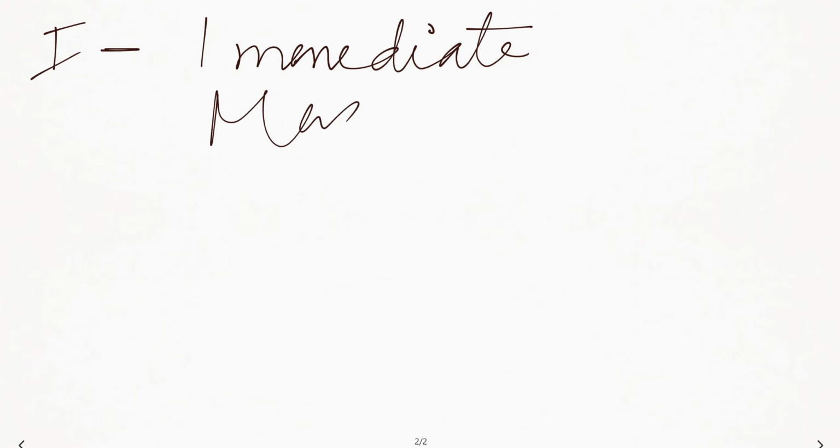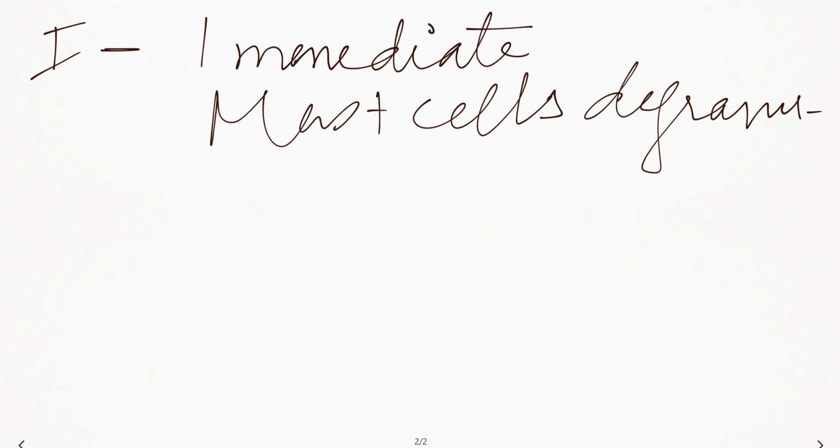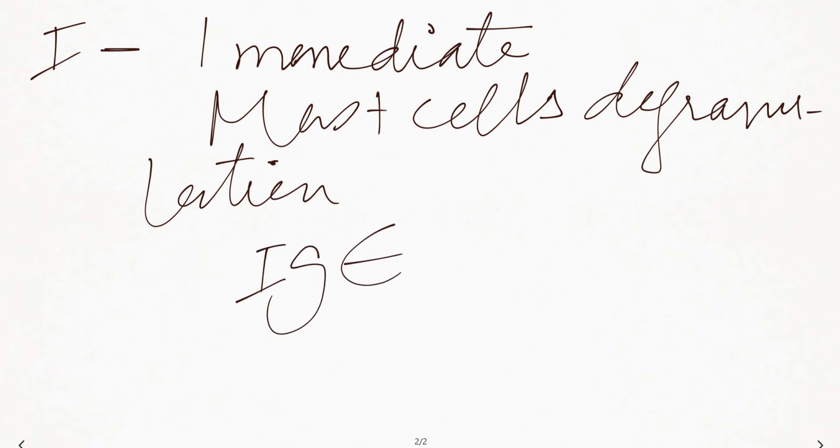Type 1 is immediate, and this is the main characteristic for it. This is the main feature. It's immediate, and this occurs due to mast cell degranulation. And the third important information about this type 1, it is mediated by immunoglobulin E. Okay, so these are the most important features.